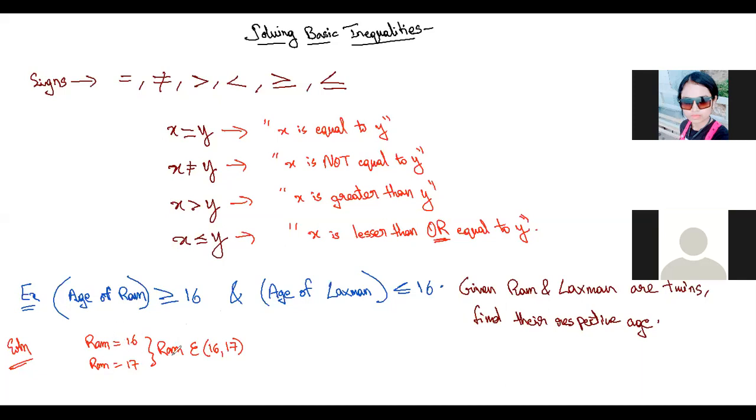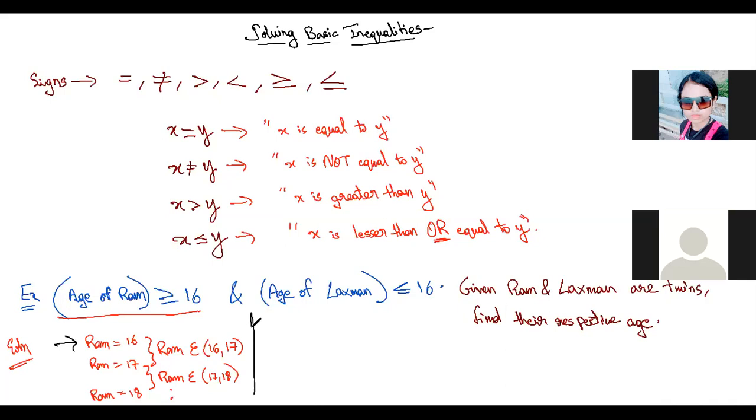Similarly, Ram's age can be 18 or it can be between 17 to 18, so on and so forth, right? This is the meaning of this statement, that Ram's age is greater than or equal to 16. So that means the starting point is from 16.